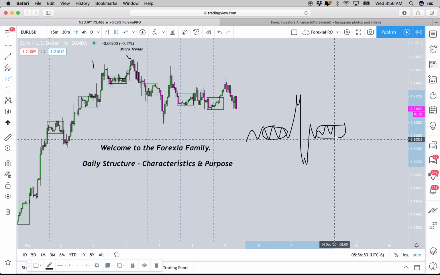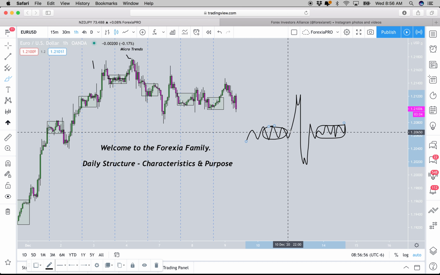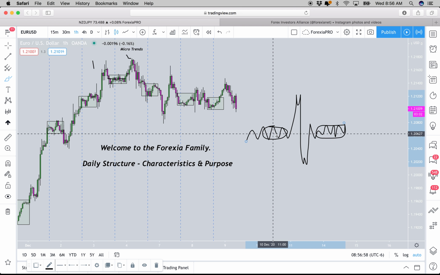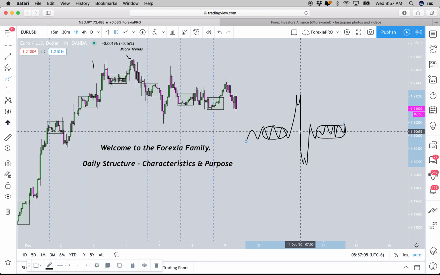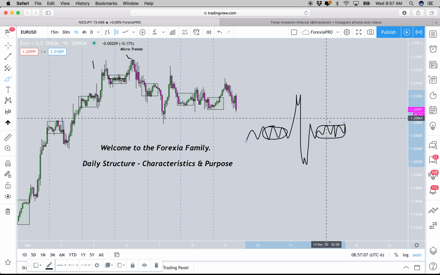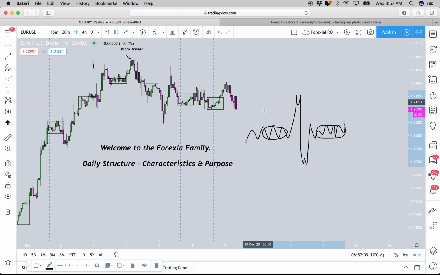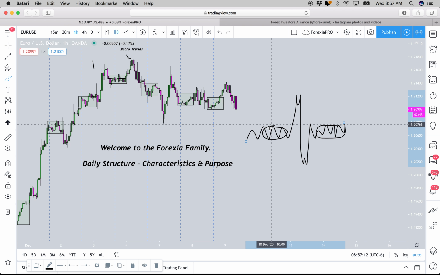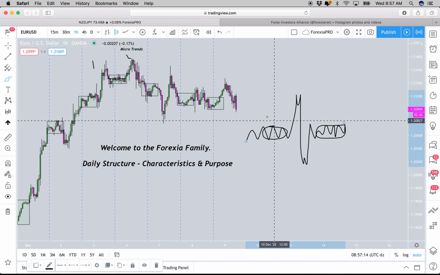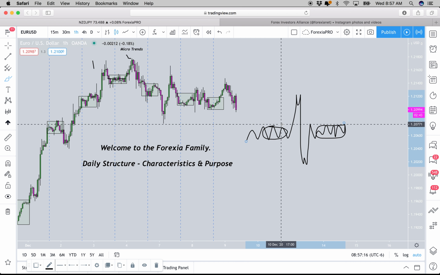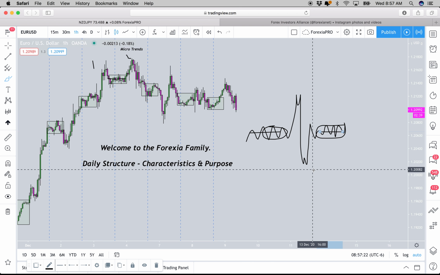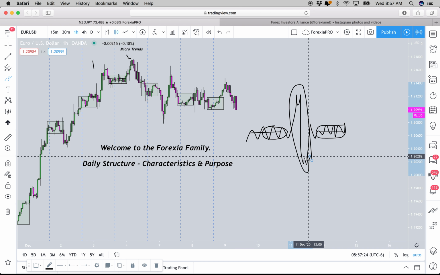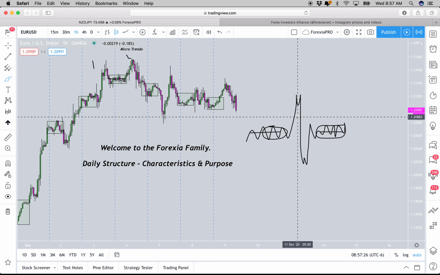And then, however, we end the day in consolidation. So the day starts in consolidation, does its whipsaw or its manipulation or its volatile move, and then it ends the day in consolidation. This is anywhere from 10 plus hours of consolidation for each the start and the end of the day. And then in the middle here is about 4 to 6 hours of movement.